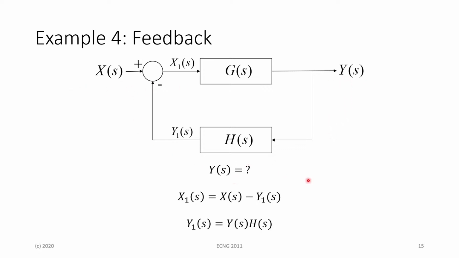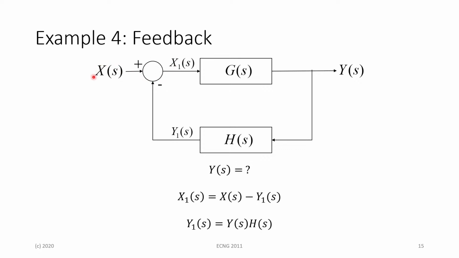So we use intermediary signals in order to obtain this equation. We basically say we need the output of the summation junction. So let the output of the summation junction be equal to x1 of s. And what are the inputs of the summation junction to give us our output?